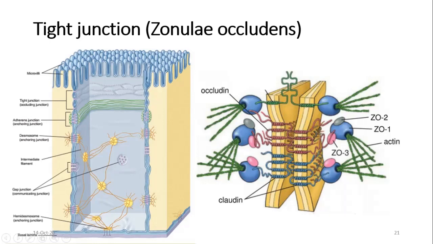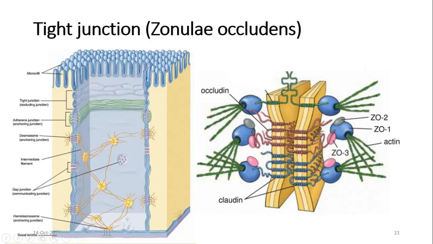On the right side, you will see a magnification to show the structure of the tight junction. This is the occludin protein and the claudin protein and the ZO proteins on the cytoplasmic side. This is the cytoplasm of one epithelial cell, and this is the cytoplasm of the other adjacent cell.